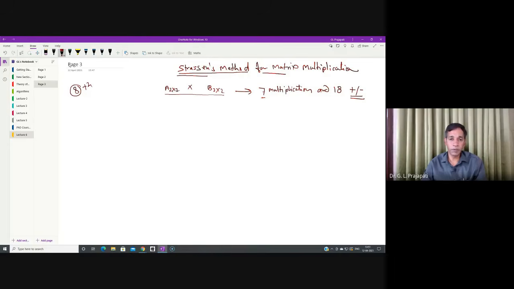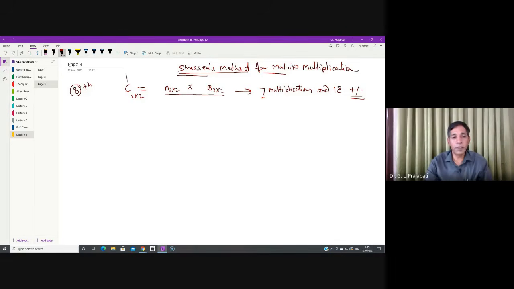Means asymptotically, Strassen's method is fast as compared with the brute force method. Now the question is how we can obtain the entries of C11 and so on. We are going to store the result in C, and C also has size 2 by 2, as n is equal to 2 here.